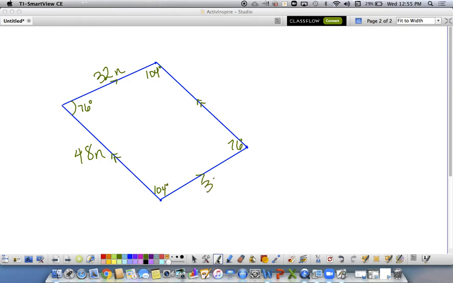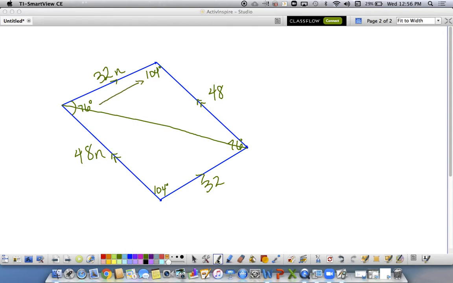What are the other two sides? And it says, what's the magnitude of the resultant vector? What is going on in that 76 degrees? You're never going to use the 76 degrees in your calculations. You're always going to use the supplementary angle when you're finding it.